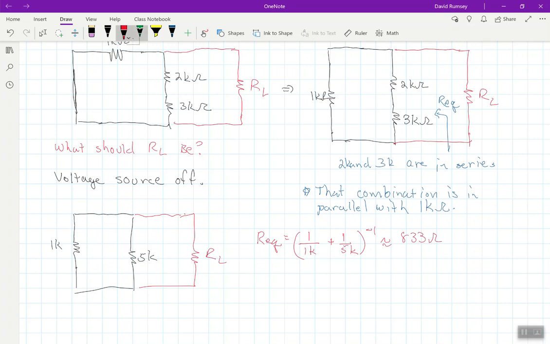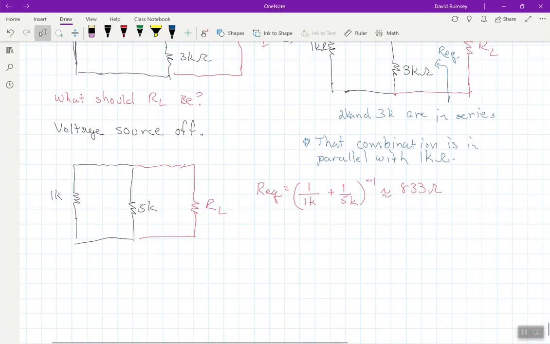So then that means for max power transfer, RL is going to equal 833 ohms.